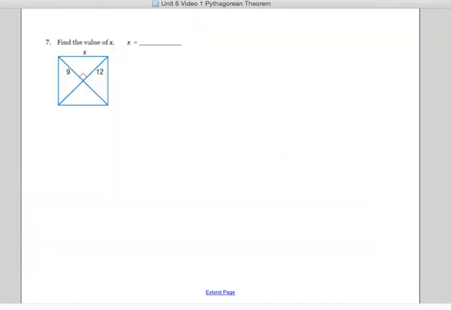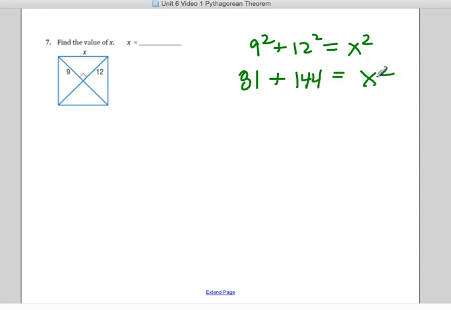Then, number 7, we want to find the value of x. I'm trying to trick you by putting it in a rectangle here. But I see my right triangle. My hypotenuse is across from my right angle, and it's x. So this one is 9 squared plus 12 squared equals x squared. This is 81 plus 144 equals x squared.